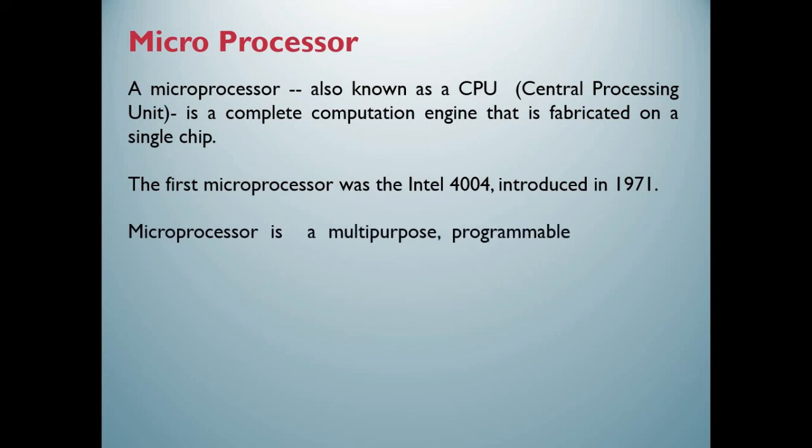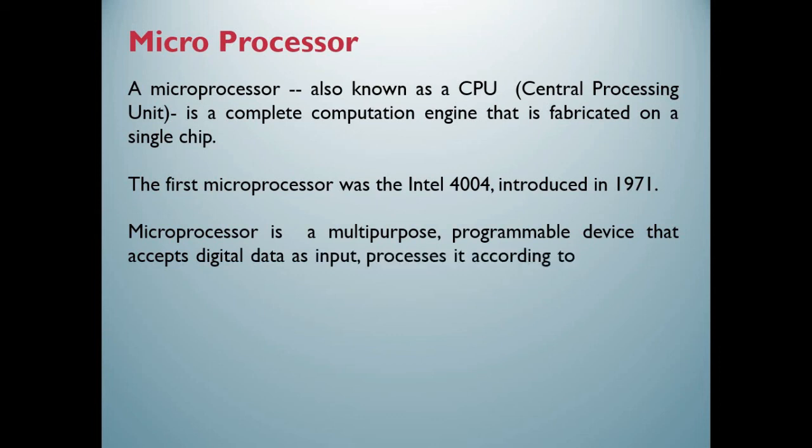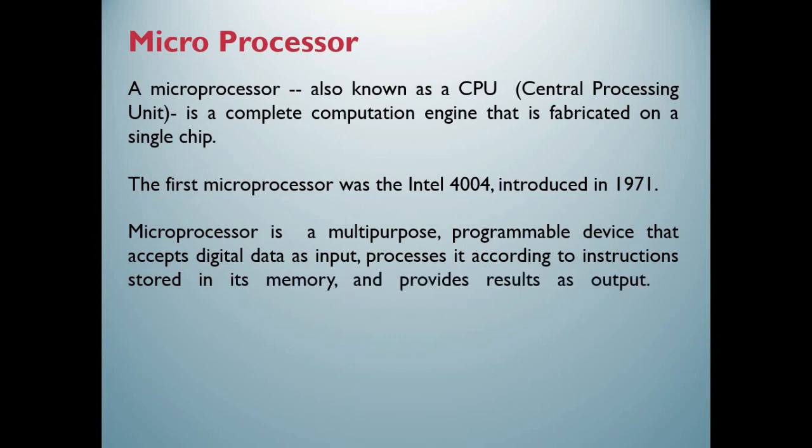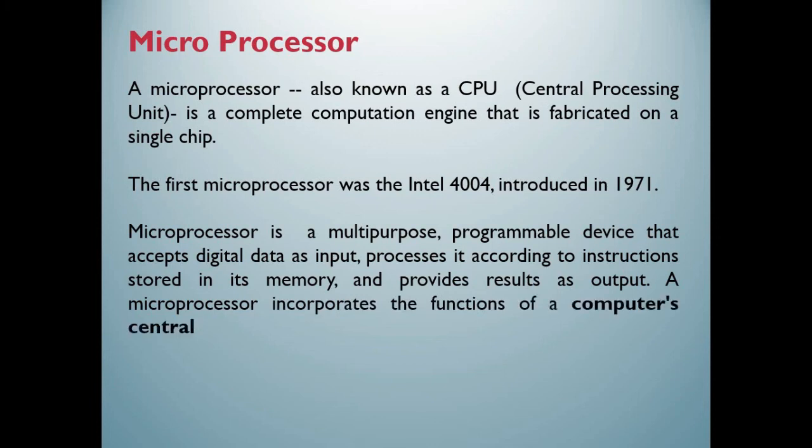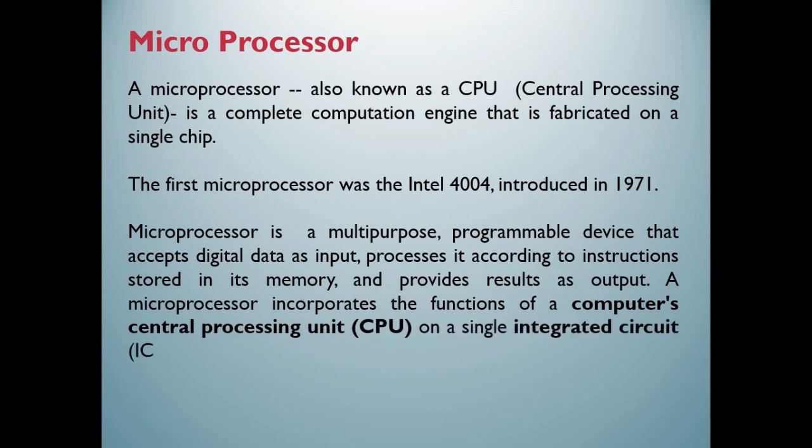Microprocessor is a multi-purpose programmable device that accepts digital data as input, processes it according to instructions stored in its memory, and provides result as output. A microprocessor incorporates the functions of a computer's central processing unit on a single integrated circuit, or at most a few integrated circuits.